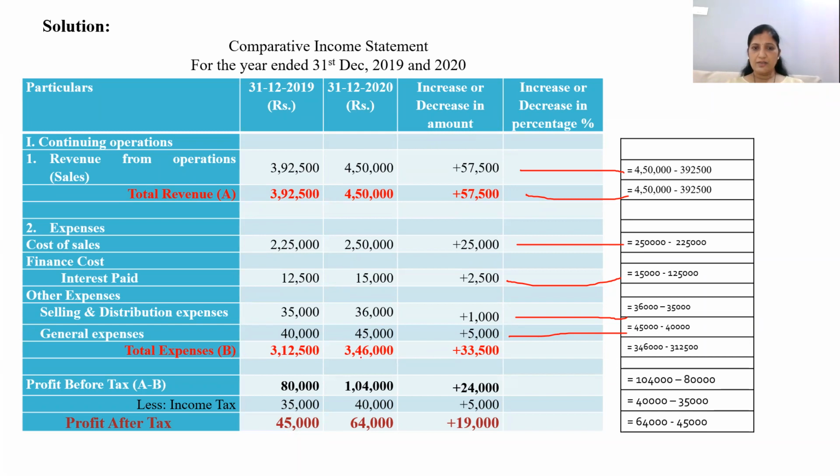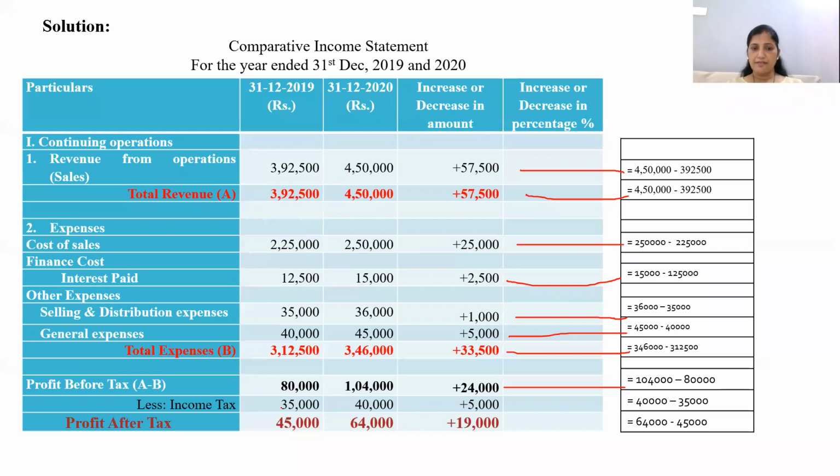Similarly, total expenses, you have added these two, so this will be 3,46,000 minus 3,12,500. You will get plus 33,500. Now PBT, profit before tax, A minus B, 80,000 and 1,04,000. So this is 1,04,000 minus 80,000, you will get plus 24,000.